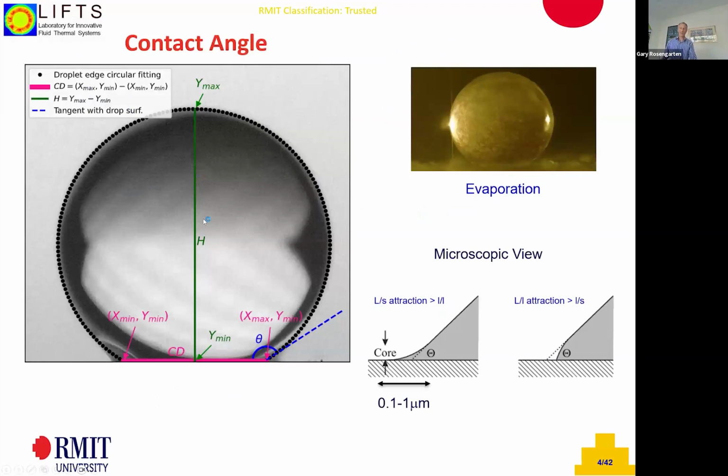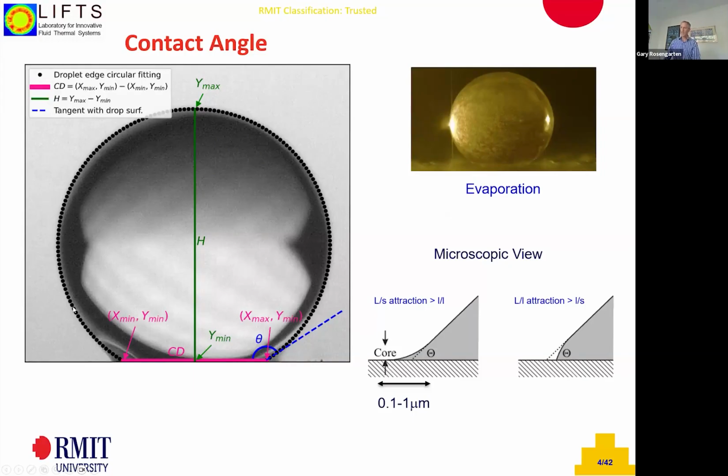So when I talked about contact angle, a lot of you might be using algorithms to automatically measure the contact angle of, let's say, a sessile droplet on the surface. And this is an example of some of my students' work when we've been looking at the evaporation rate of droplets on a surface. This is probably 1 millimetre or 2 millimetre diameter, this droplet.